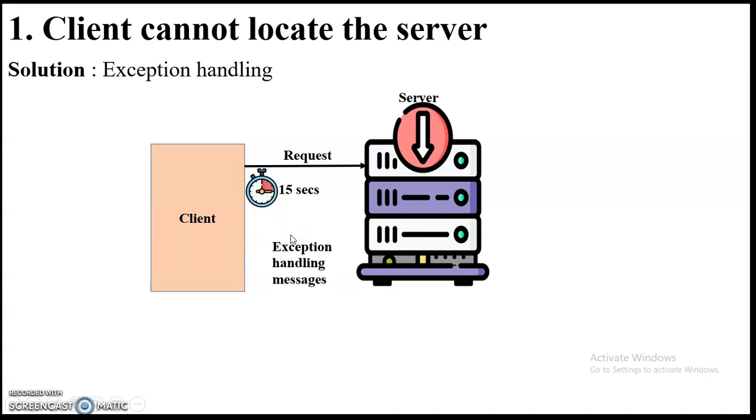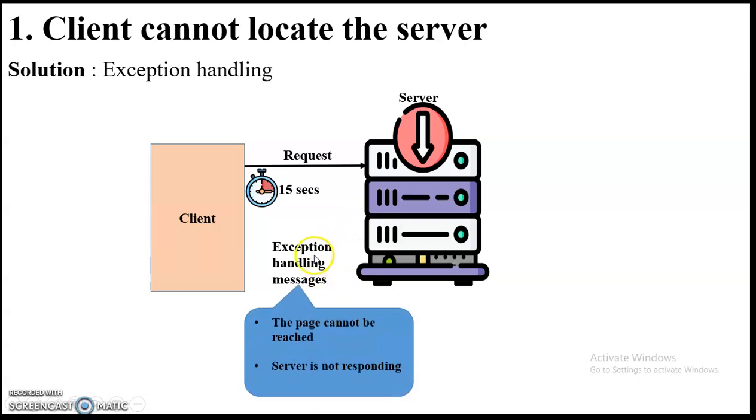However, the server is not able to respond because it has crashed. In this case, the RPC will raise exception handling messages, like the page cannot be reached, server is not responding, and so on. So this is the solution whenever a client cannot locate the server: just send the exception handling messages.